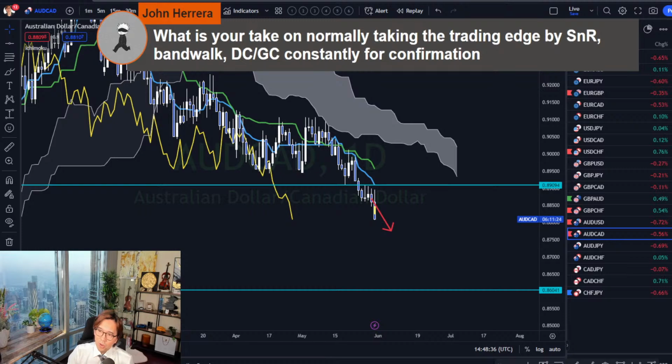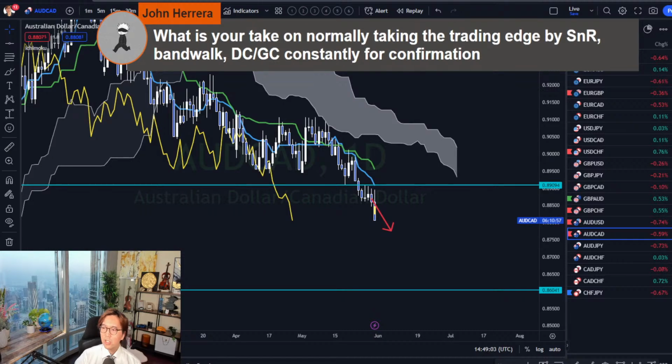So if you only look for the support resistance, band walk, gold cross, dead cross, then you will have less chance of the entries. And you may miss out some potential pips within the market. So I suggest you to combine a few more confirmations and build the entry scenarios.